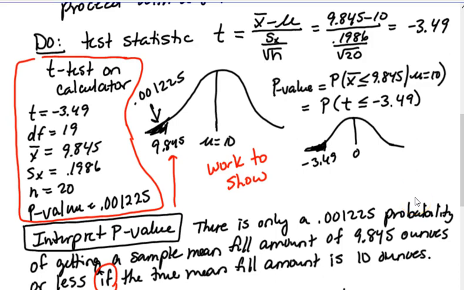So let's get to the do step, the part where we show our computations. We first of all need to compute the test statistic. The test statistic is the number of standard deviations that our sample is from the mean of the population. So if our population mean is 10, that's our null hypothesis value, we want to find out how far x bar, the sample mean, is from that.